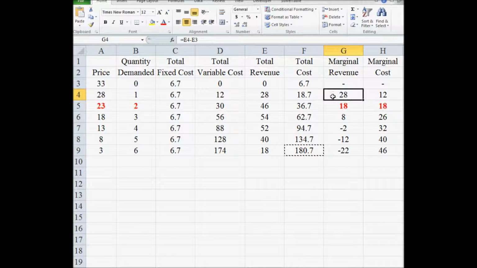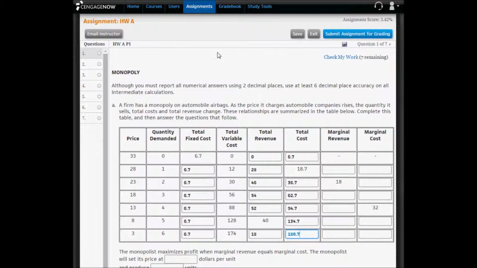Marginal revenue is the increase in revenue when output is increased by 1 unit.